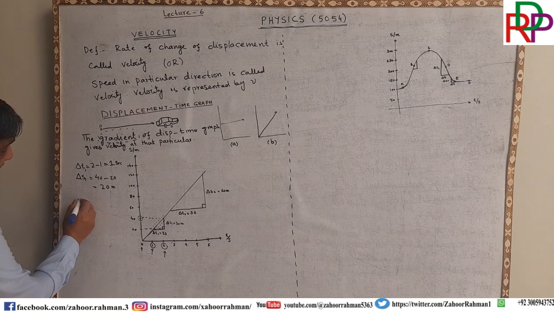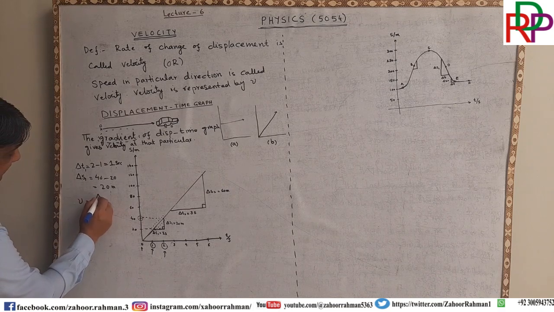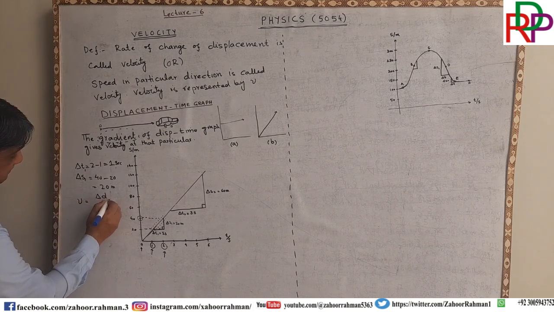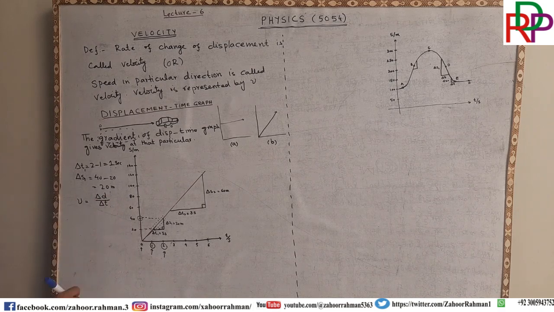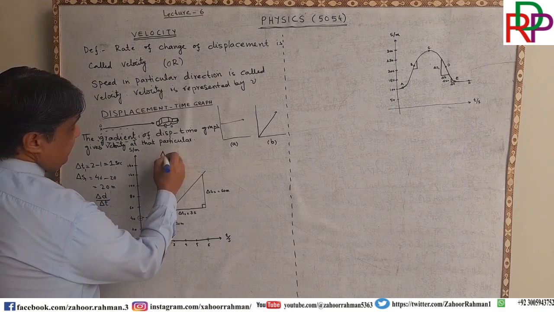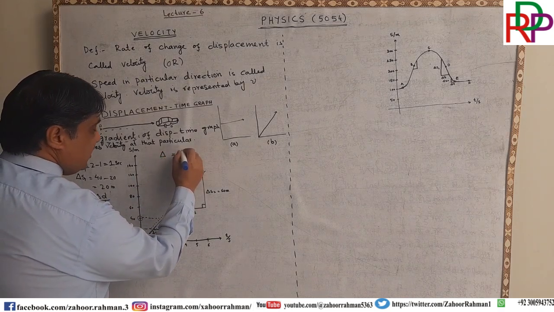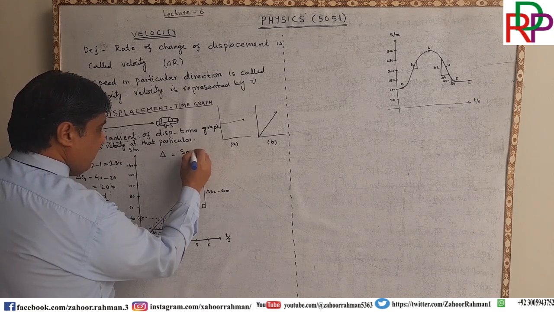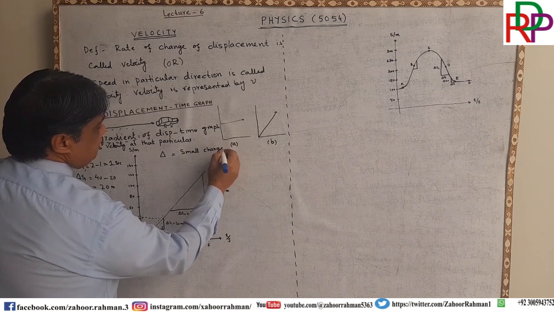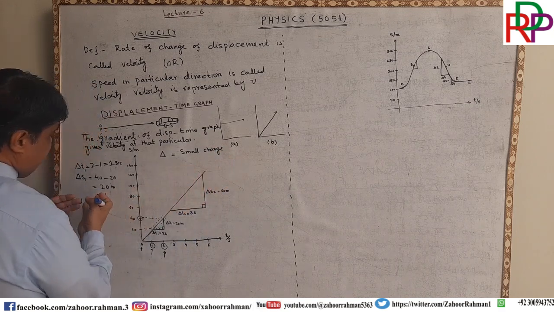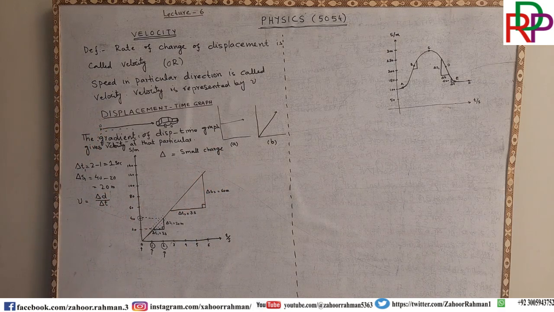Now you know that velocity is the rate of change of displacement with respect to time. This delta, ladies and gentlemen, represents change. We can say small change, not large change, in either time or displacement.